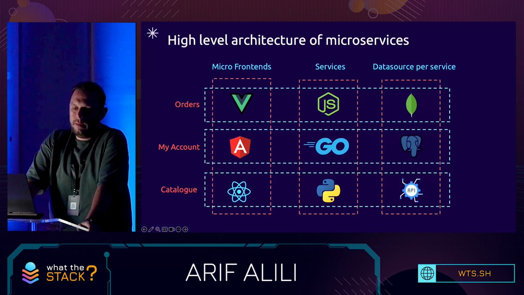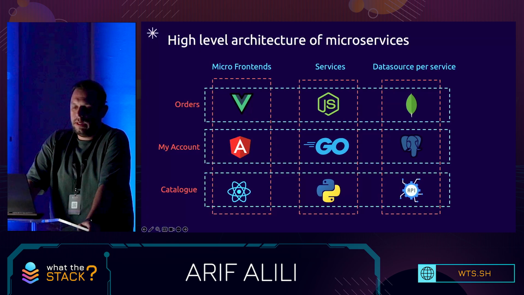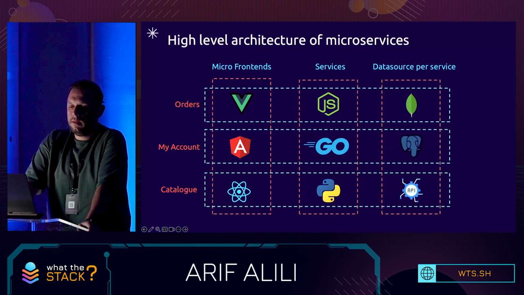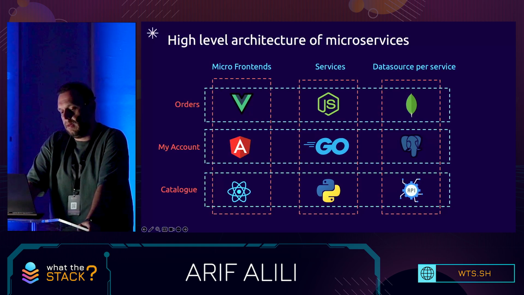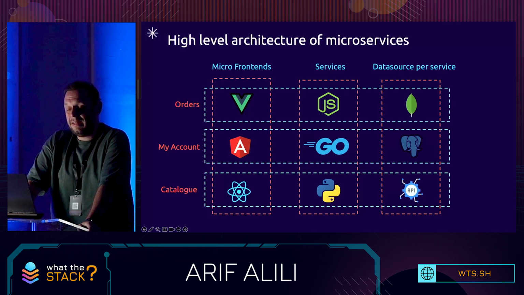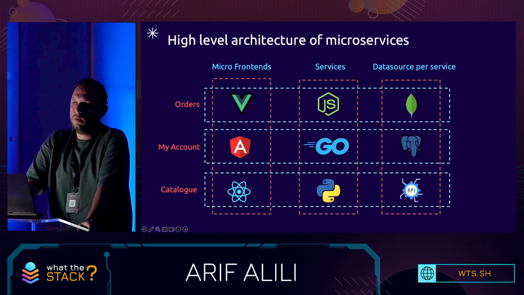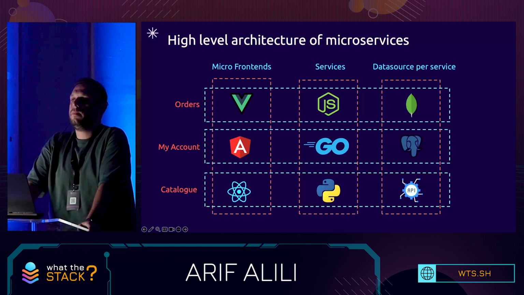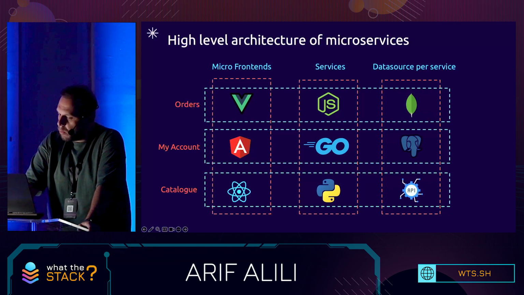My account, in this case, uses Angular, and it's powered by a Go application backend, and the data source is Postgres, and the catalog is powered by React. It's using Python, and in this case, it doesn't have its own database. That's why I mentioned data source. It is powered by a third-party API, which is perfectly fine.